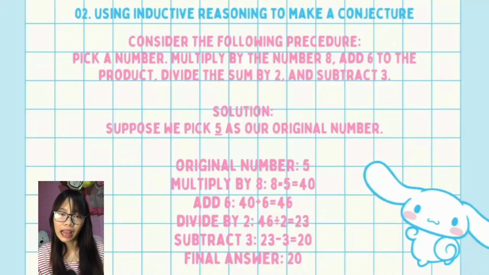Hanggang kapag nag-abot ka ng 100, ang final result niya is 400. So, in each of these cases, the resulting number is 4 times the original number. Now, we conjecture that following the given procedure produces a number that is 4 times the original number. So, yun yung ating conjecture or yung solution natin.